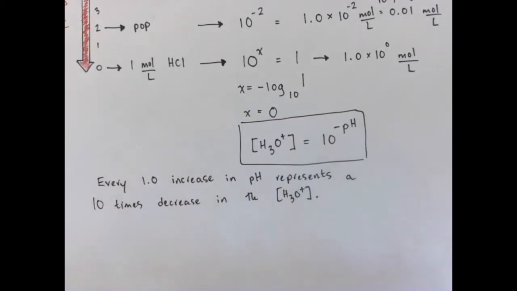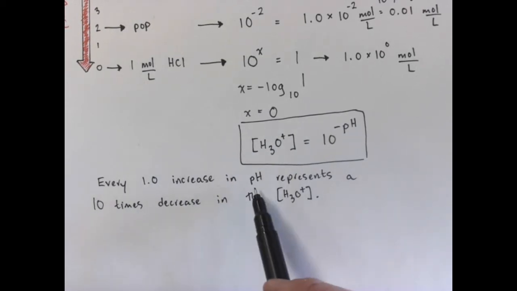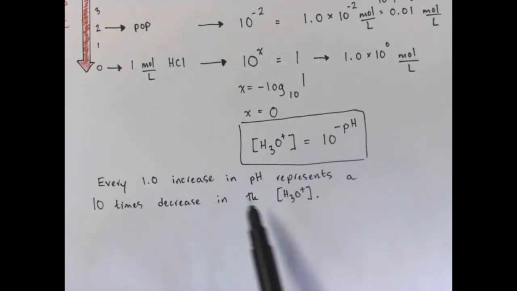And the inverse is true also. Every 1.0 decrease in pH represents a 10 times increase in the hydronium concentration.